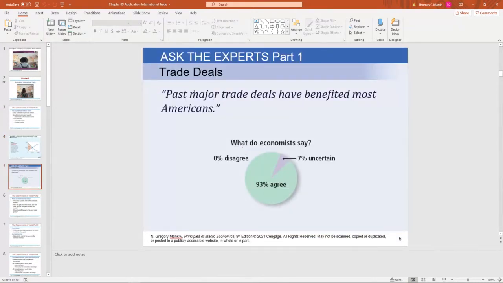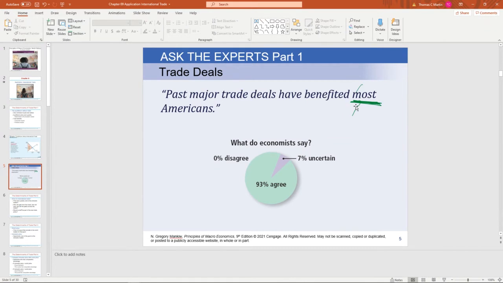Here's "Ask the Expert": past major trade deals have benefited most Americans. 93% of economists agree. I don't know where the 7% are, because in this slide, the key word that gets these economists to agree is "most."